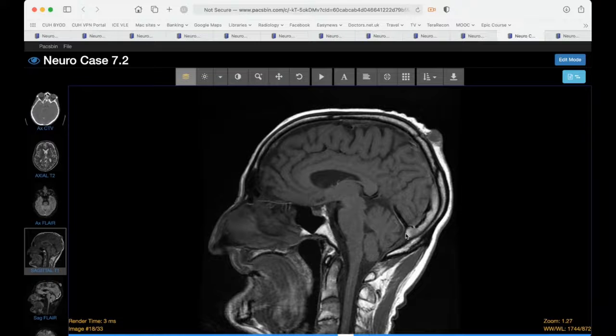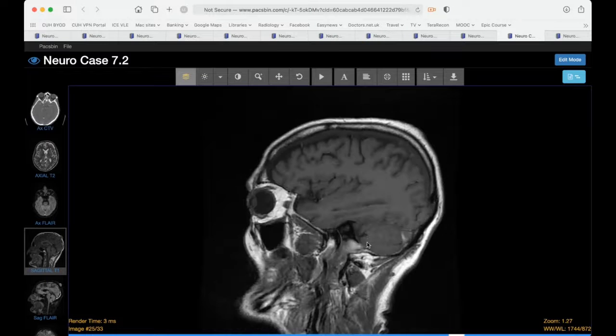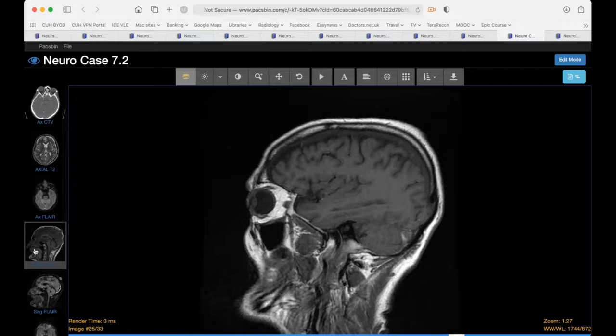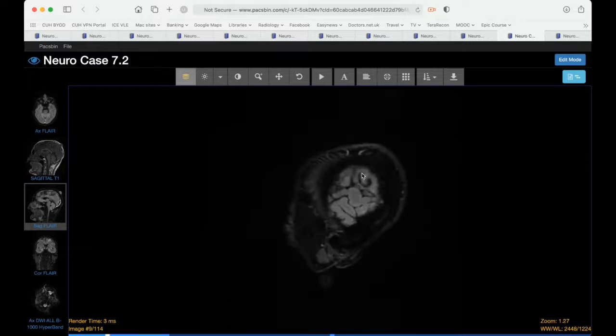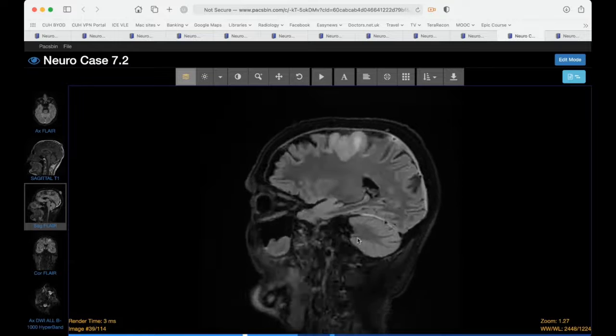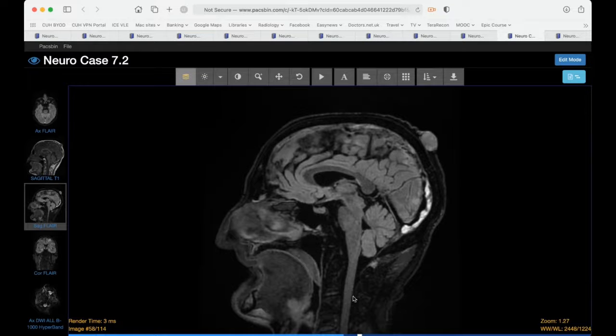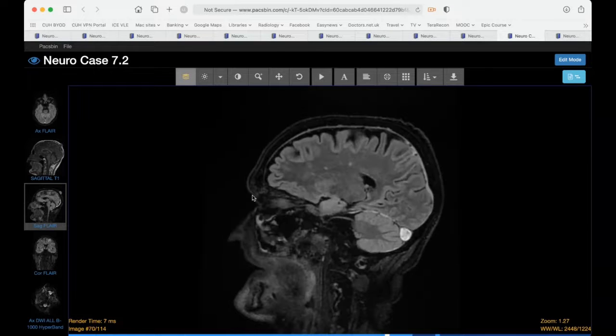Again, notice this hyperintensity within the veins. Have a look at the rest of the scan. I won't say much more. Then if you could vote on what you think the final diagnosis is, question 7.2.